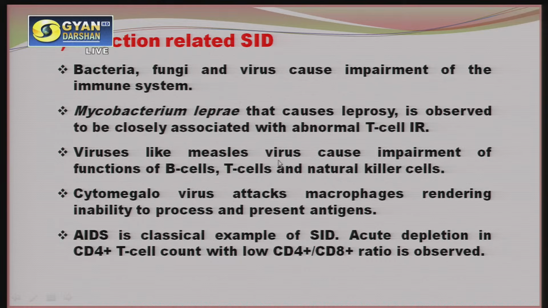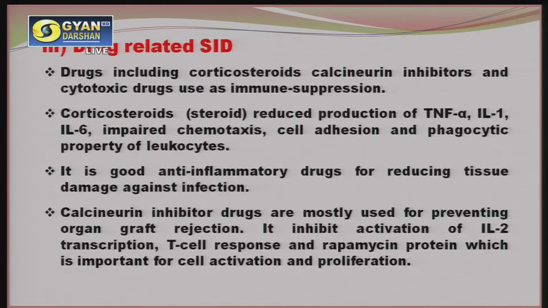So we can measure the CD4 positive and CD8 positive ratio, it would be observed, and we can decide it is due to infection related secondary immunodeficiency. And third one is the drug related.